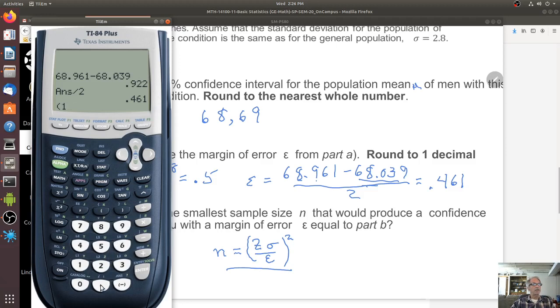Then multiply by sigma, so times 2.8, divide by 0.5, and square it. 84. So I'd have to take 85 people. 100 would be better.